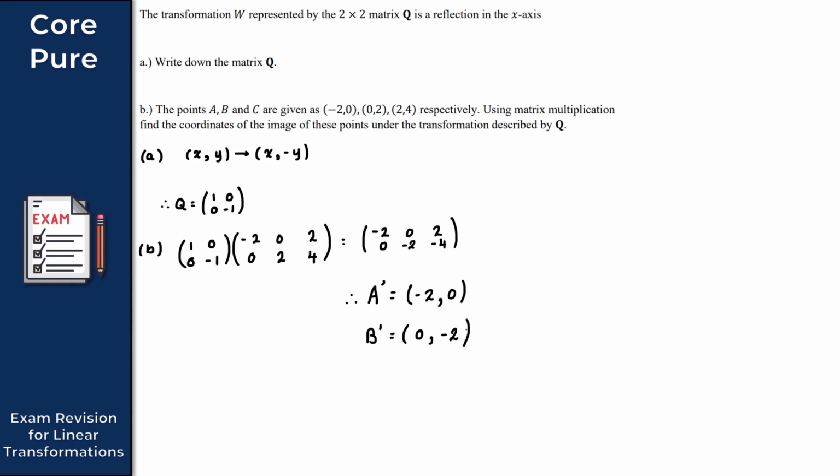And then finally for the image of C, C dash is equal to 2, minus 4. Perfect. And there we go. So that is the image of A, the image of B, and the image of C. Good stuff. So that gives us the solution there to question 2.